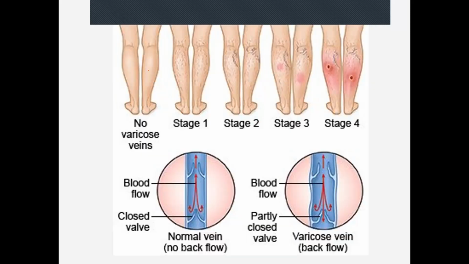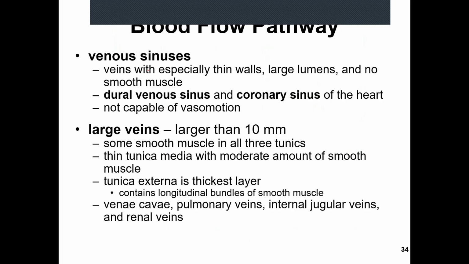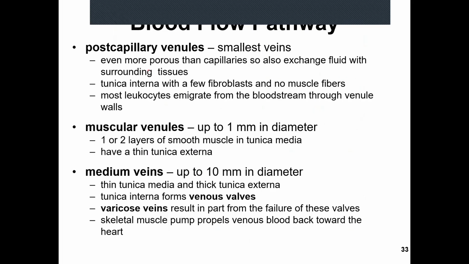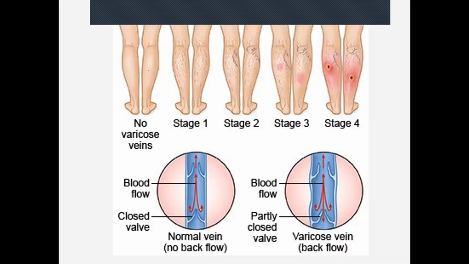Our medium veins have venous valves like in this picture, and these valves prevent regurgitation of the blood in the veins, because we know blood in the veins goes to the heart, and it's harder.